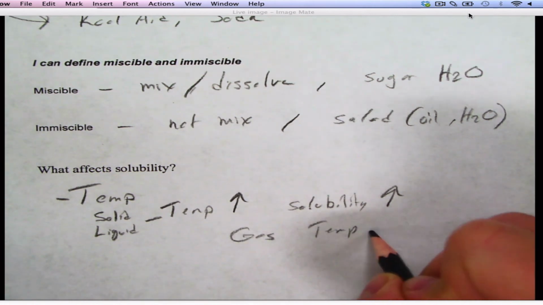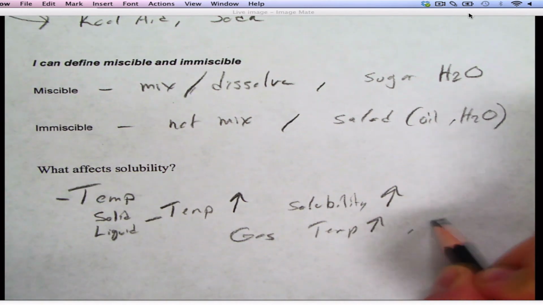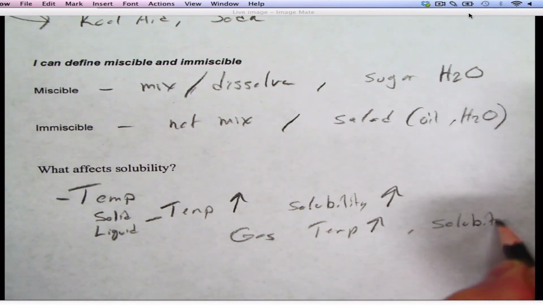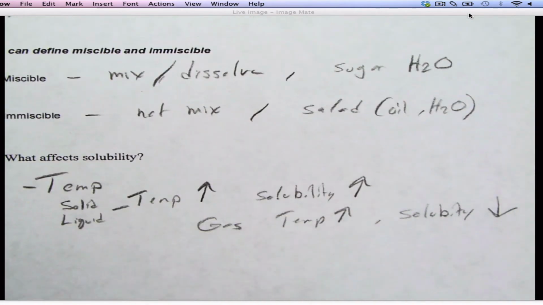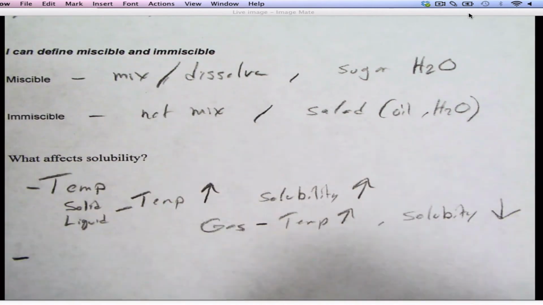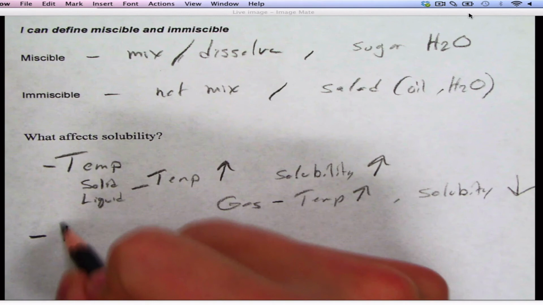As temperature increases, the solubility, in other words how much you can dissolve, decreases. This is why if it gets too hot in the summer, fish die off, because the oxygen in the lake will go away since you can't dissolve as much, and there'll be less oxygen for the fish.